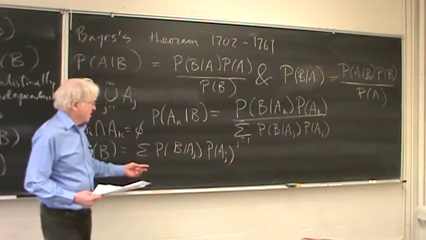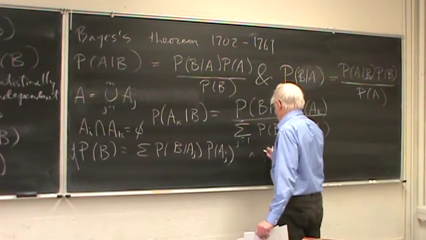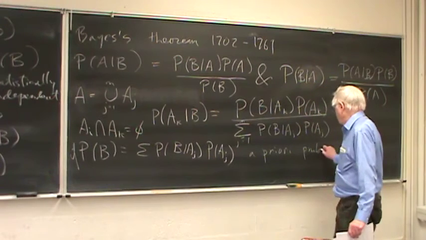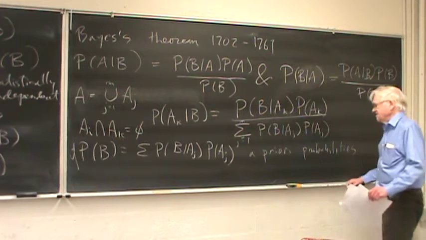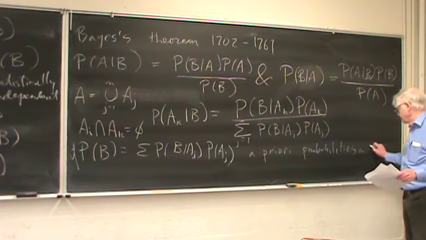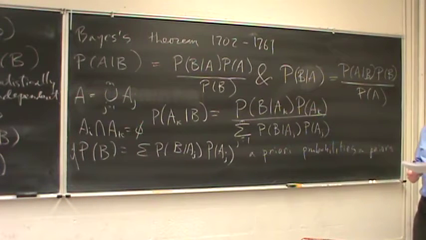These P of A sub Js are sometimes called a priori probabilities, and sometimes they're just called priors. And of course, that should be confusing.